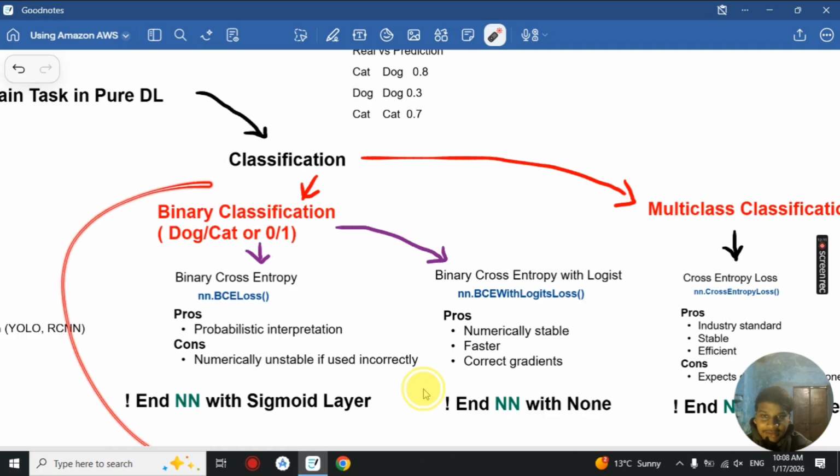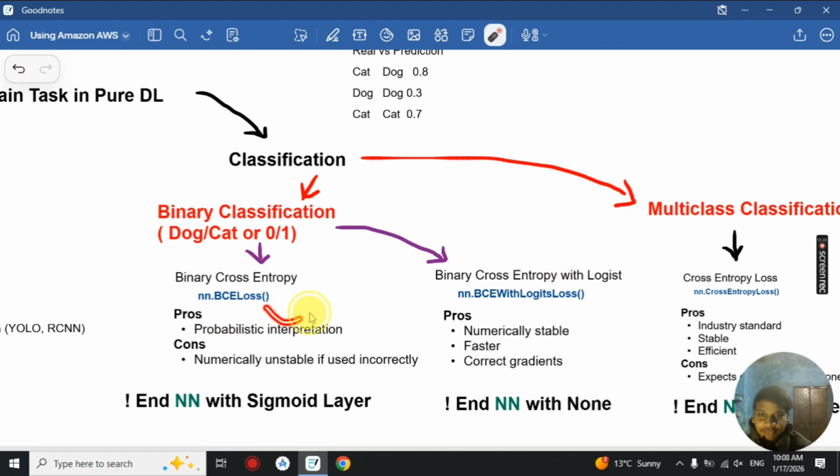So in our binary cross entropy we have our threshold, and the threshold defines whether the output will be dog or cat, or true or false.